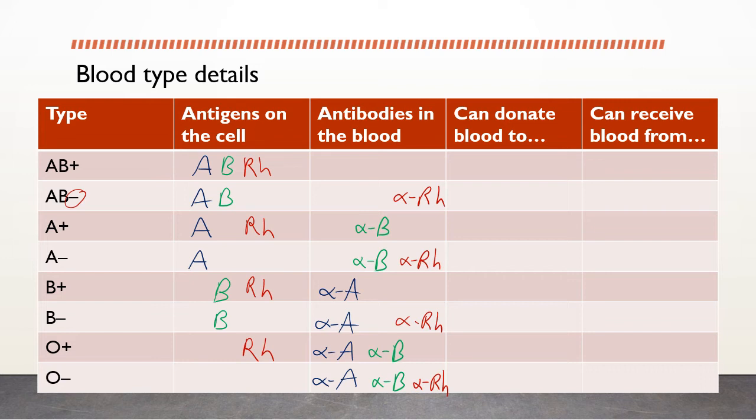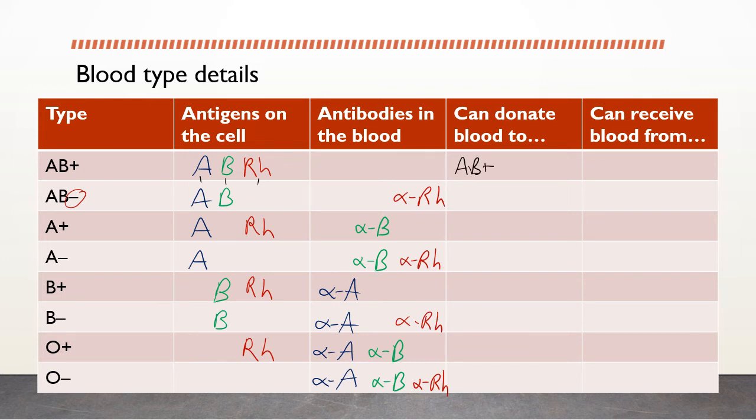Now we can think about who we can donate blood to and who we can receive blood from. Okay. A type AB positive person can give blood to anybody who doesn't have anti-A, anti-B, or anti-Rh in their blood. The only people who don't have any of those antibodies are patients who are AB positive.